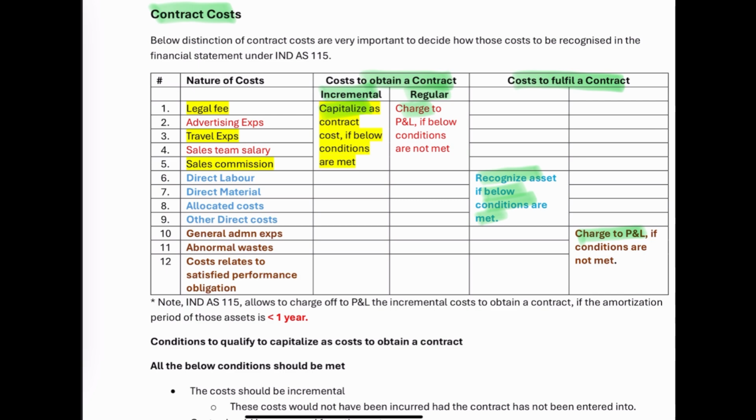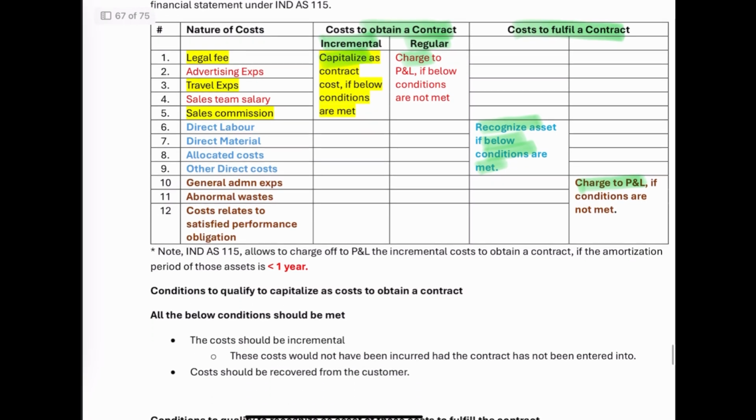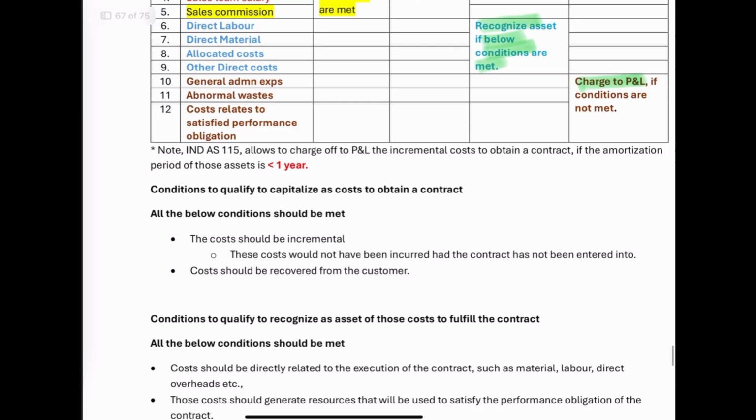So first, on the cost to obtain a contract, let's see what conditions need to be met in order to qualify to capitalize those costs. I have given those conditions here. All the below conditions should be met in order to capitalize those costs.